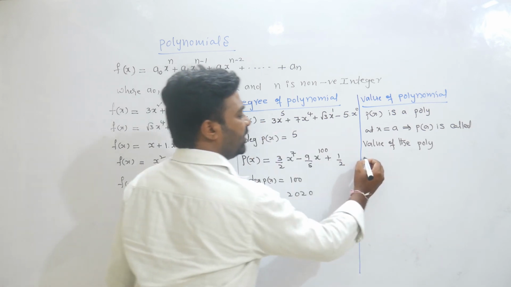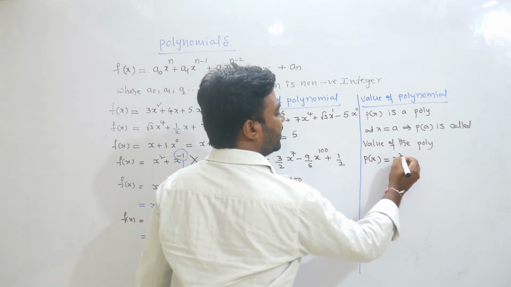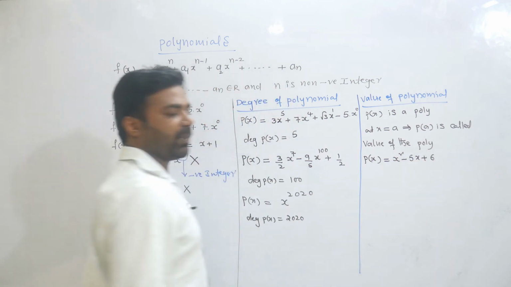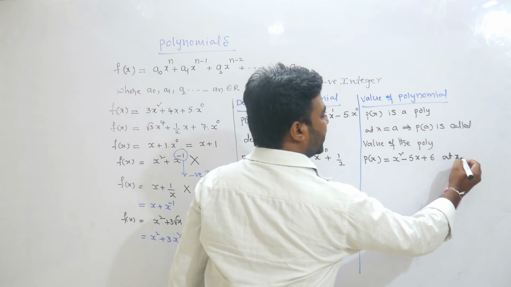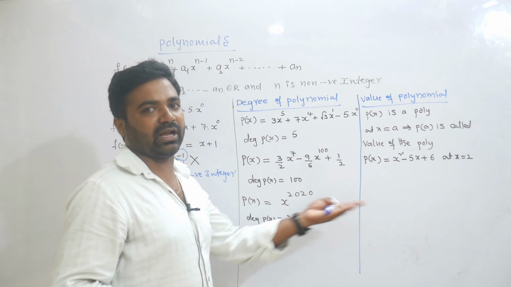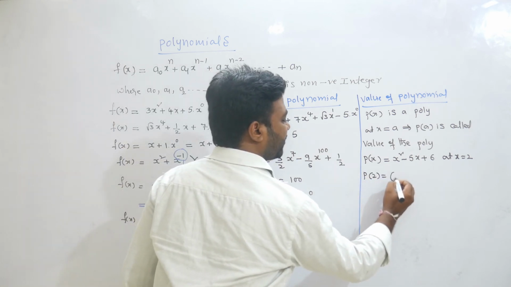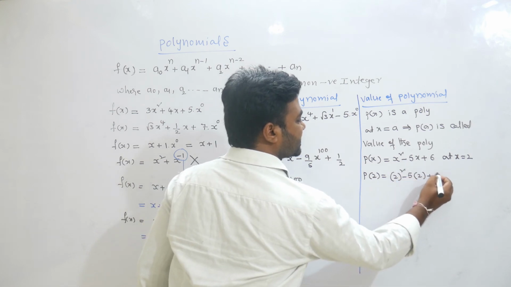For example, p of x is equal to, I am taking one polynomial, x square minus 5x plus 6. So it is a polynomial. Now at x equal to 2, we need to get p of 2. So p of 2 equals 2 square minus 5 into 2 plus 6.